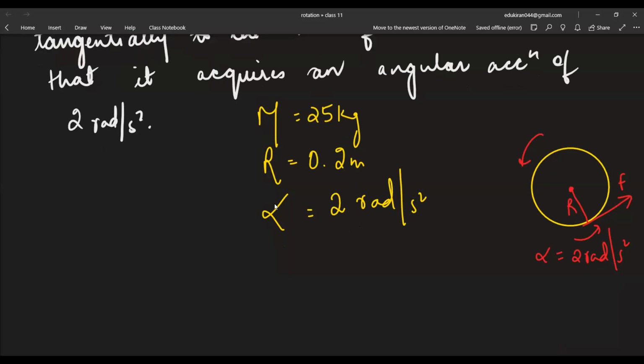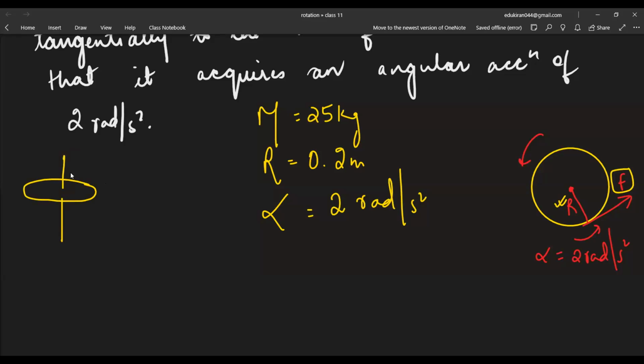Now class, to relate it with force, you can see force is mentioned. Radius is already given. Both of these things lead to torque. Now you have to find the moment of inertia of a disk. In general, we take this case. Two cases are possible.